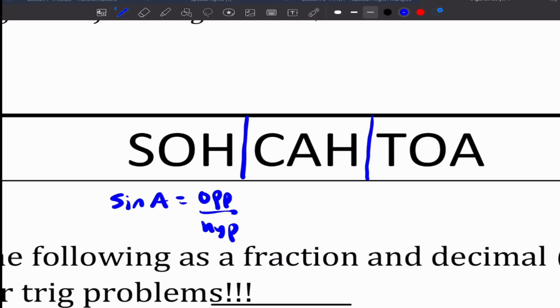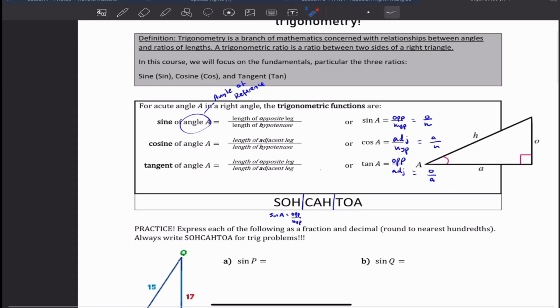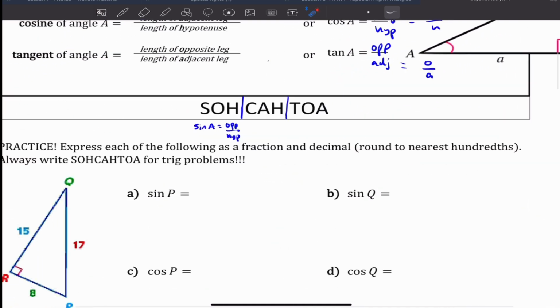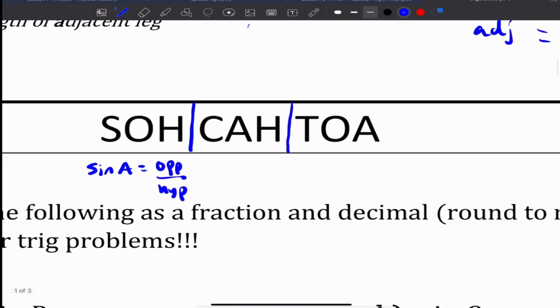So sine of A is equal to opposite over hypotenuse, and then CA, you see that C, we're talking about cosine, right? And cosine of A is equal to adjacent over hypotenuse. And then lastly, the TOA, the T for tangent, that's tangent of A, is equal to opposite over adjacent.